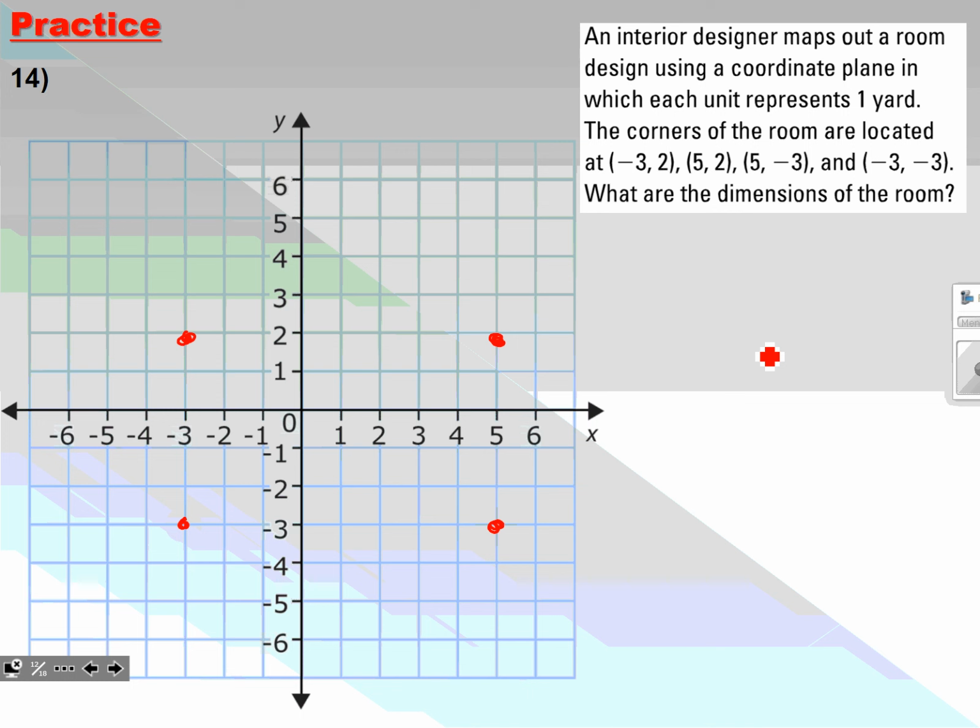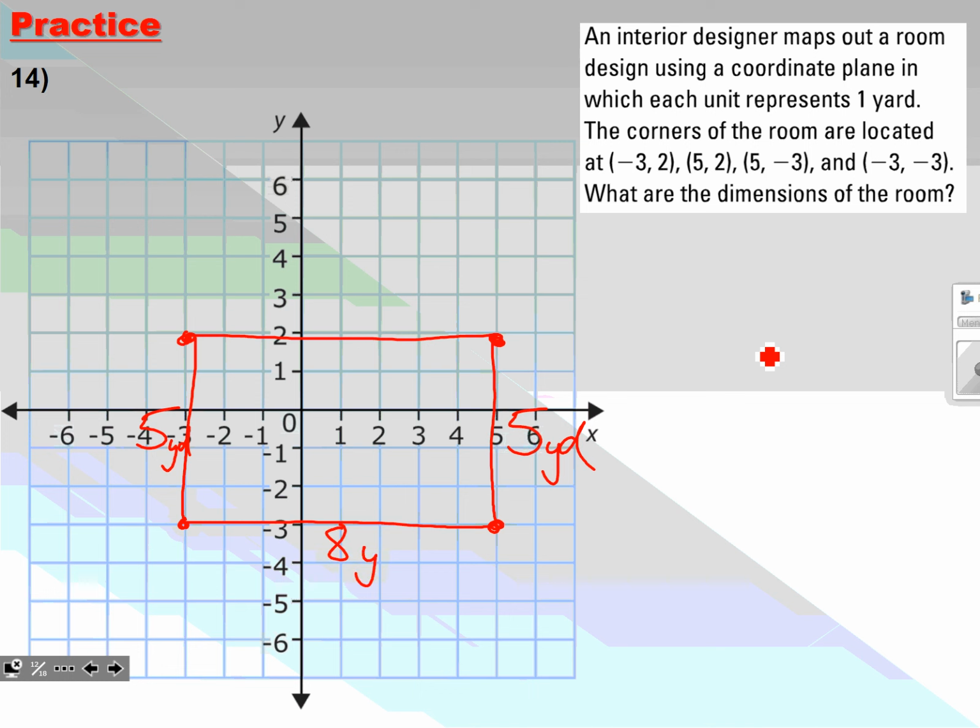I draw those 4 points, and then I'm going to draw the rectangle. You're going to tell me what the length is of the room. So 1, 2, 3, 4, 5. This side is 5. Oh, it's 5 yards because it's in yards. 1, 2, 3, 4, 5, 6, 7, 8.